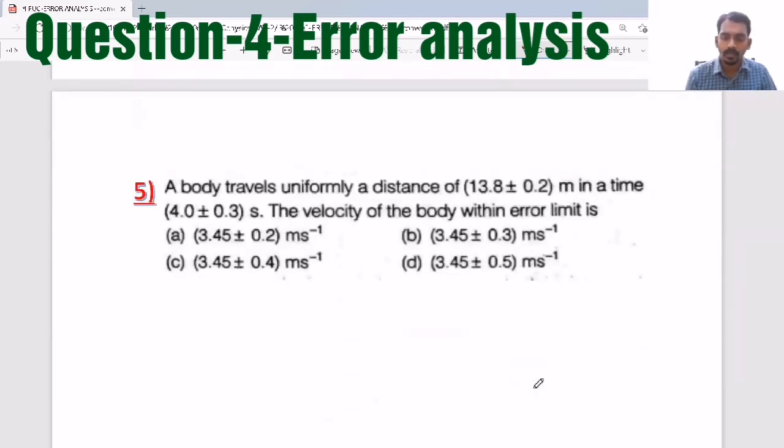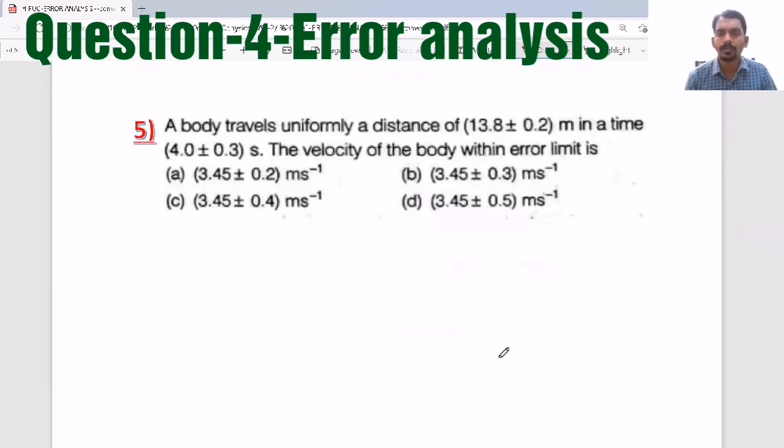Now, one last and final question. A body travels uniformly a distance of 13.8 plus or minus 0.2 in a time t equal to 4 plus or minus 0.3. The velocity of the body within error limits is? They have given the distance 13.8 plus or minus 0.2, so this is delta S. The time is 4 plus or minus 0.3, this is delta t.